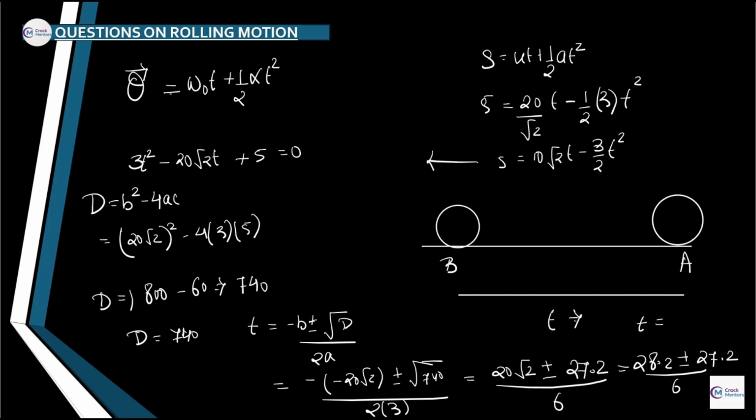After solving this, we may get two values of time. First of all, if we solve it by the plus sign, then it is 55.2 upon 6.